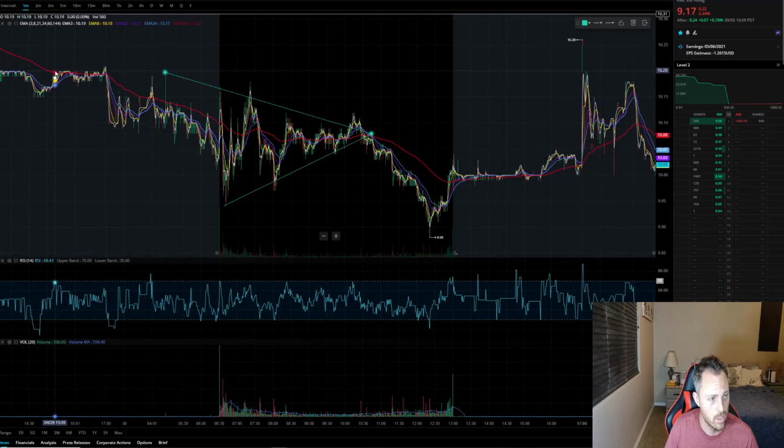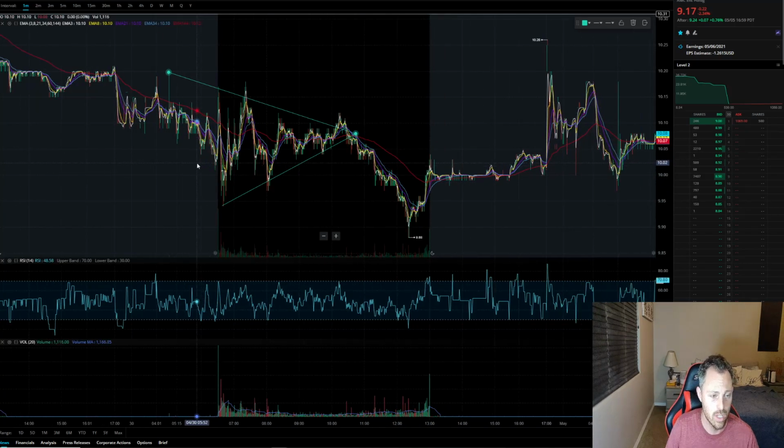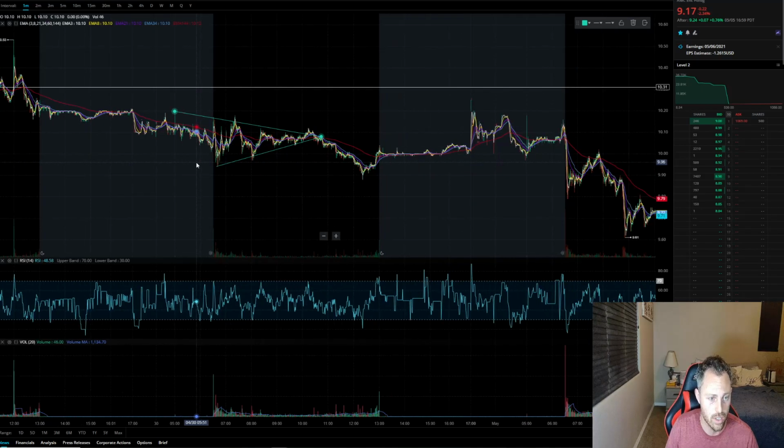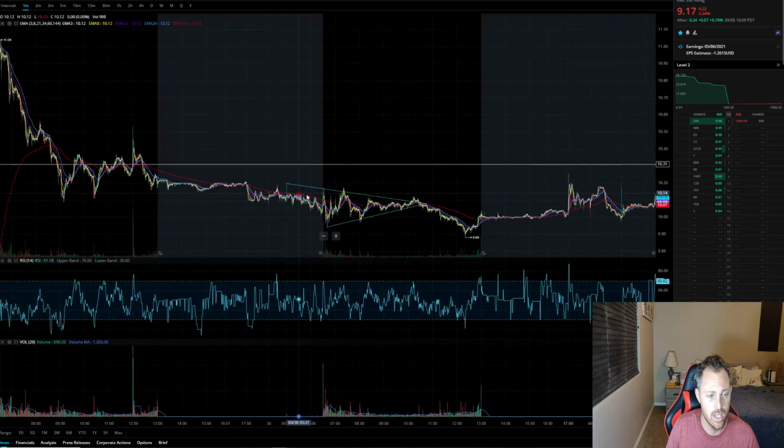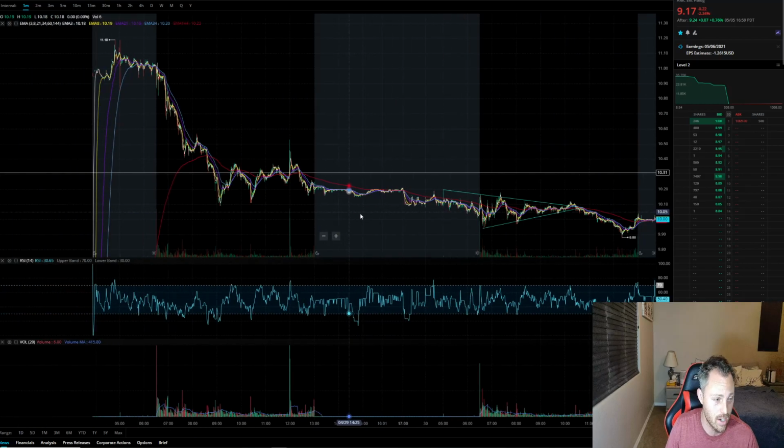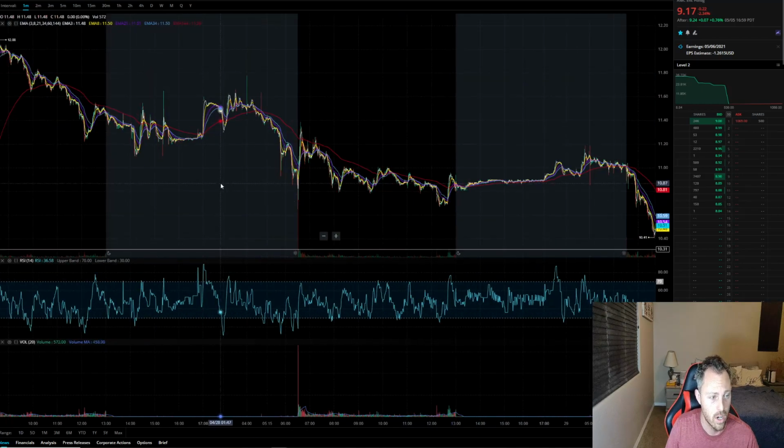So if you notice here, we've got the 144 EMA. It was on this downwards trend, it leveled out, consolidated, and then continued on this downwards trend for a little bit afterwards. Now, this is what generally happens with symmetrical triangles: they will continue the trend that they had going on before they started the triangle.